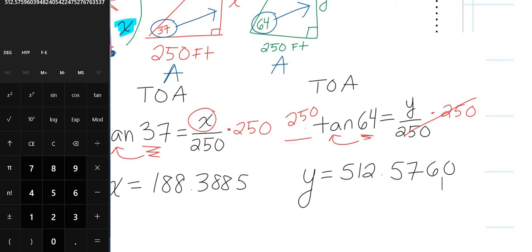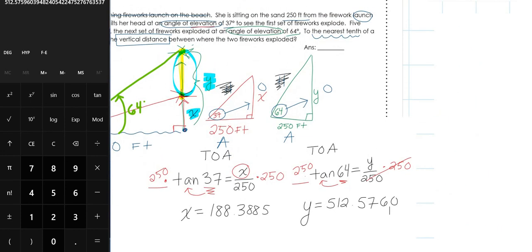Okay, let's look at our visual. So our vertical height all the way to the top was approximately 512. That's not exact. Our first launch was about 188 feet in the air. So we want to figure out what's left over here, so we're going to subtract.